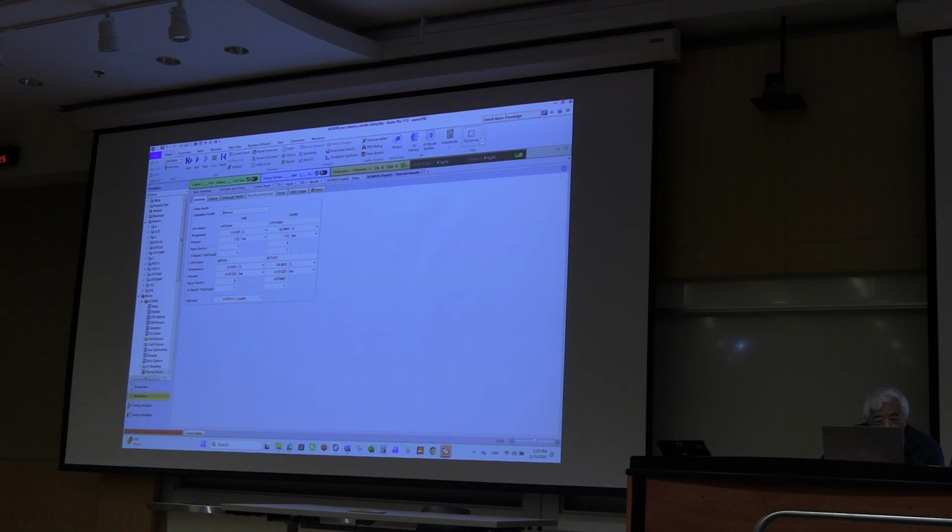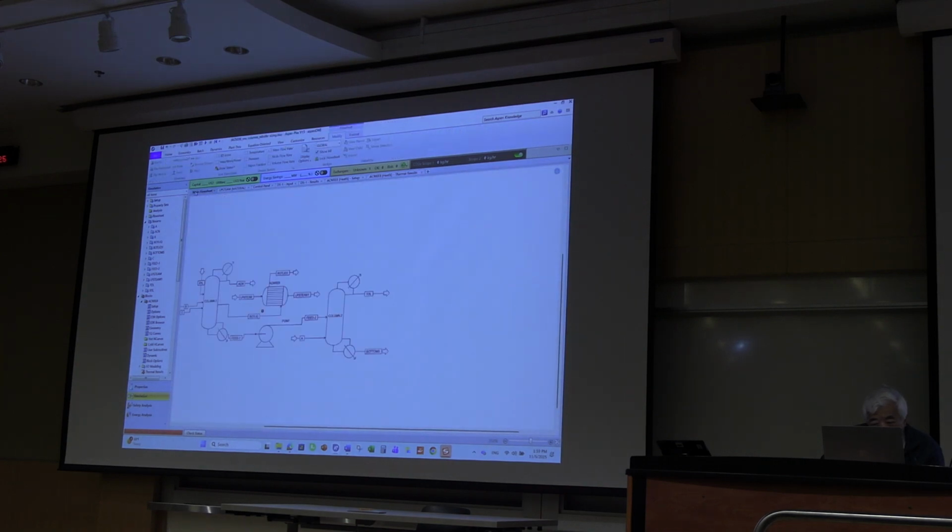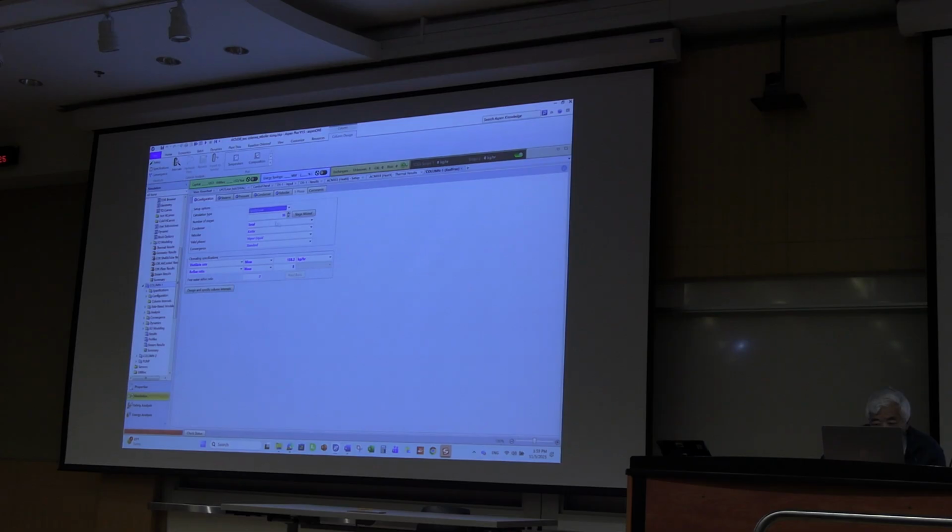Okay, look at this flow sheet. Here, bottom liquid. You look at this, state 34, liquid goes into reboiler state 35. What is that temperature, pressure, flow rate?